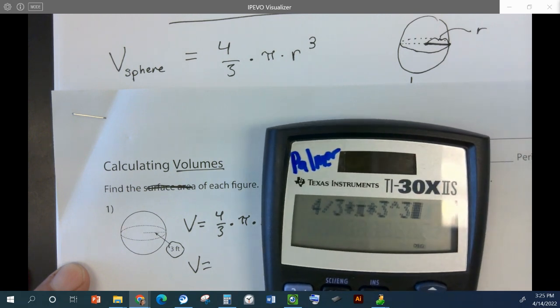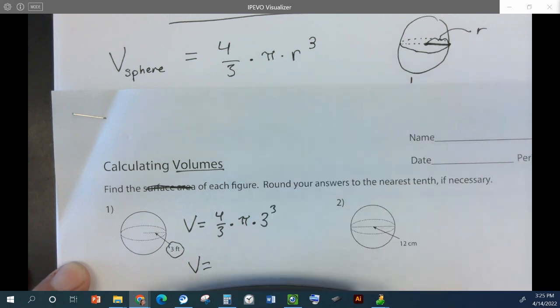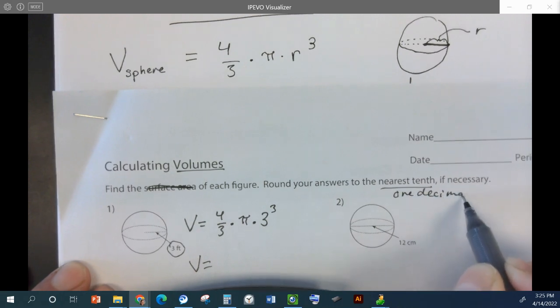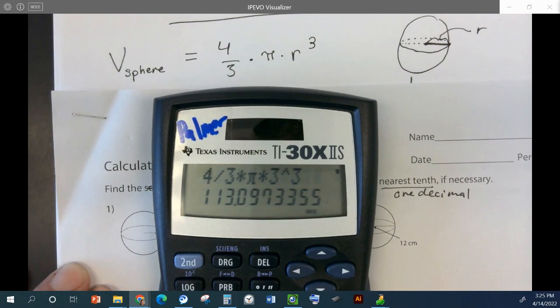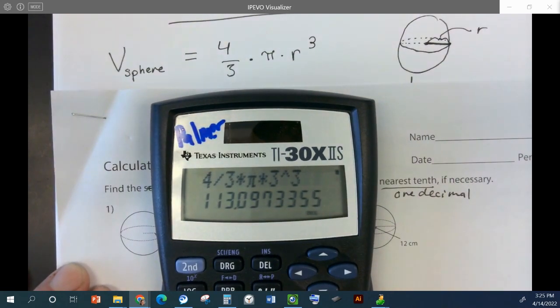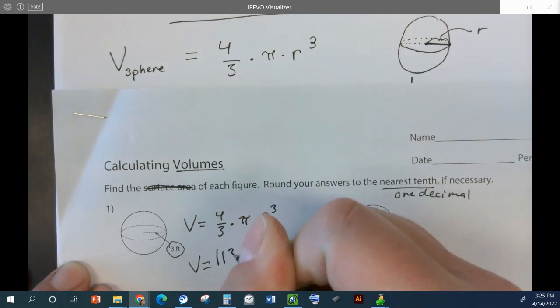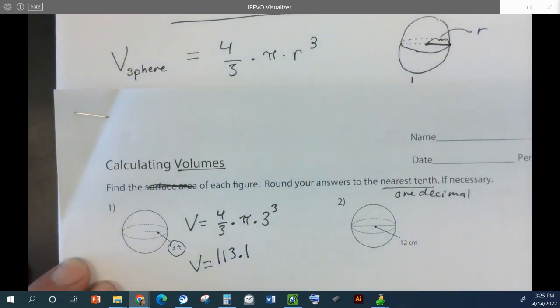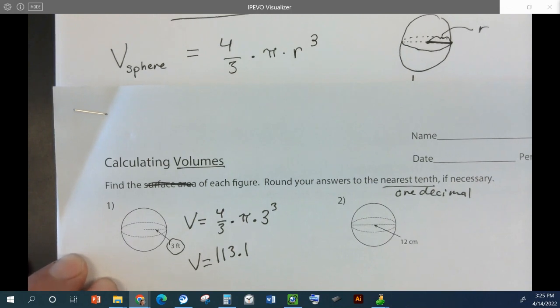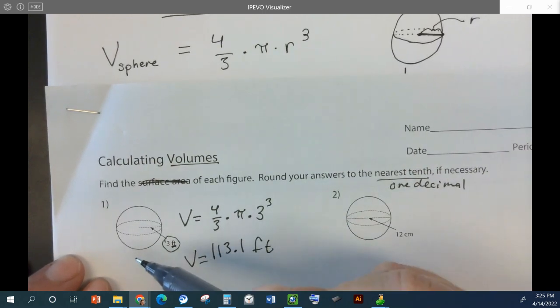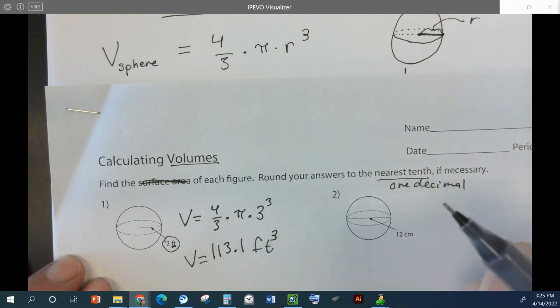Okay, we're okay there. And then I push enter. And it says round to the nearest tenth, so that means 1 decimal. So then my answer will be 113 point, I'm going to round, this is a 9, so I'm going to round this to 0.1. Okay, so the volume would be 113.1. Now I have to decide what my units are. This is a volume, so my units, it says feet, so I'm going to write feet, and then because it's a 3D shape, the units get a 3. It's cubed. Does that make sense?